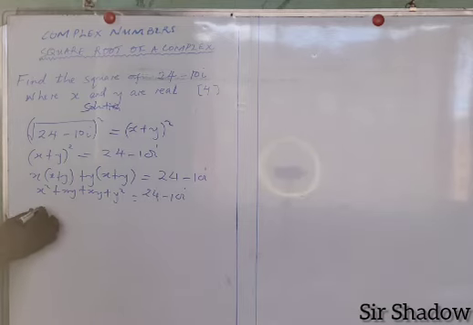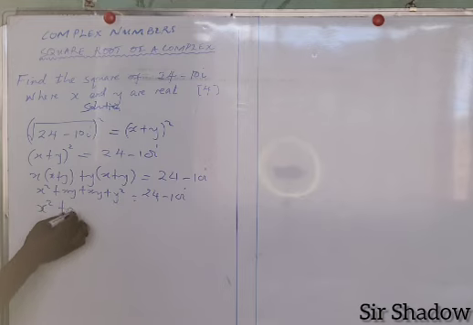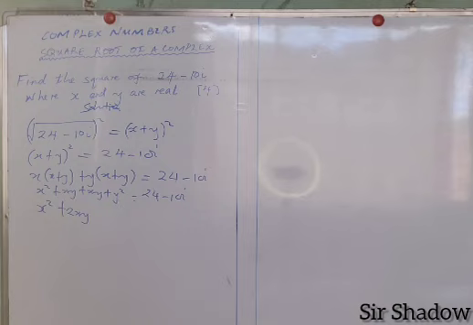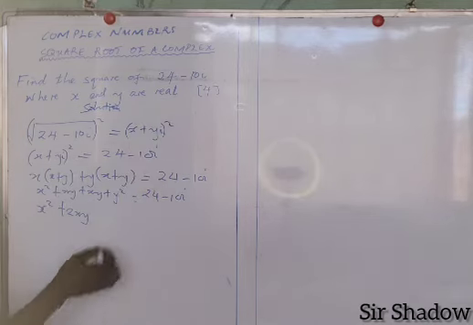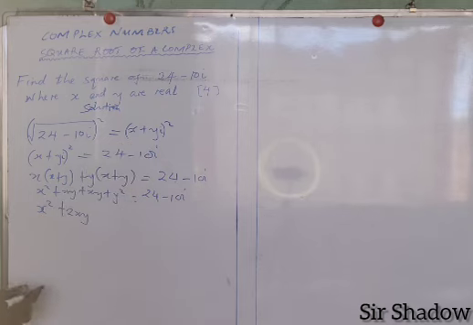So we have x squared plus 2xyi. Remember, x is real and i is imaginary, so we have x plus iy.